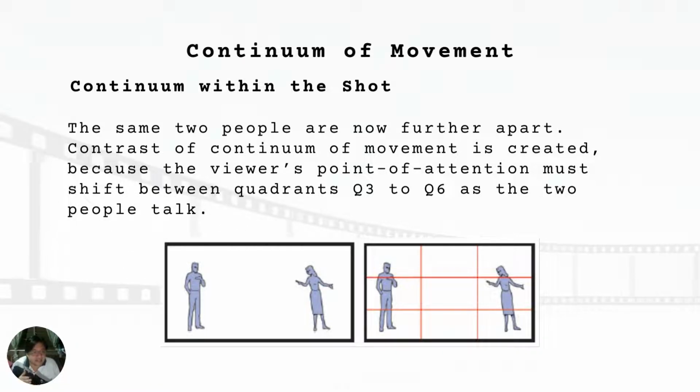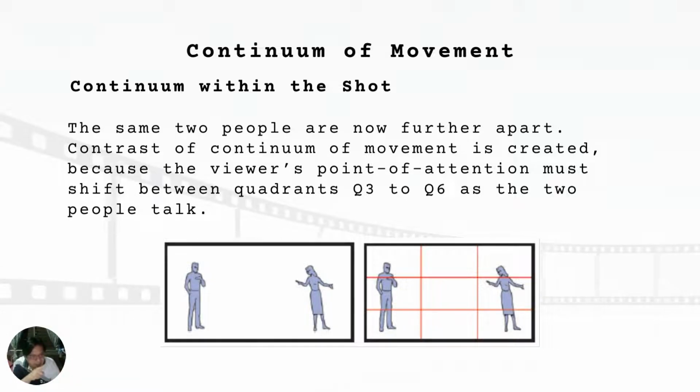The movement is created because the viewer's point of attention must shift between the quadrants 3 to 6 as the two people talk. Kanina kasi, they are in the same quadrant. Diba? They are closer together. But this time, because they are on a different quadrant, then you create contrast already.